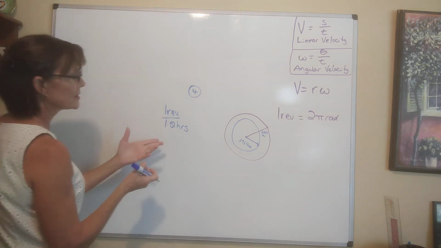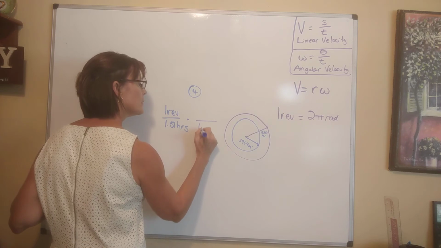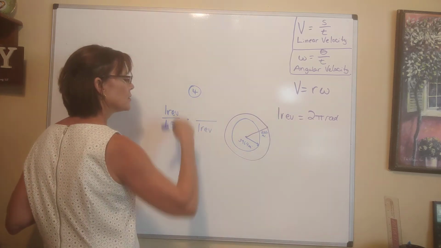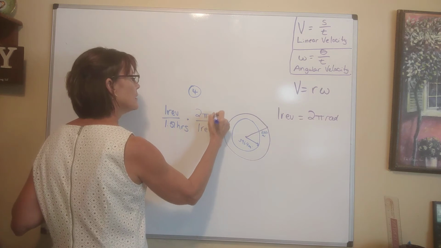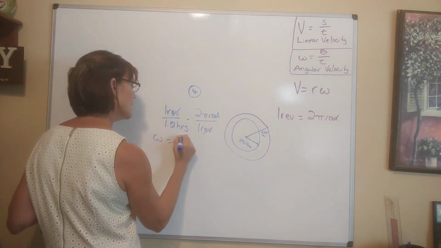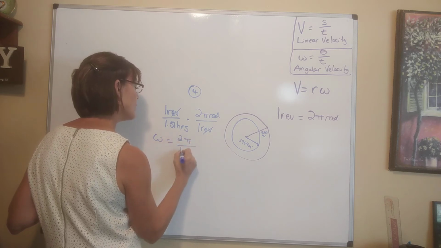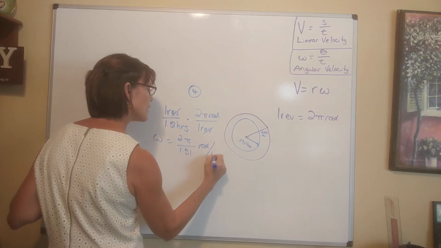We can convert this very simply. How many radians are in 1 revolution? 2 pi radians. So real quick, omega is 2 pi over 1.51, and the units are radians per hour.